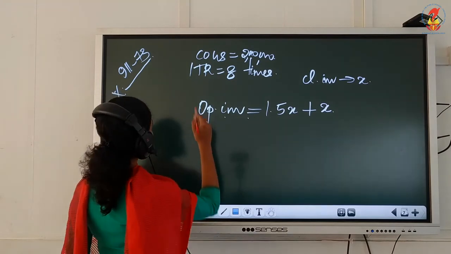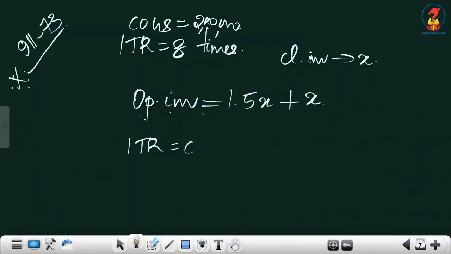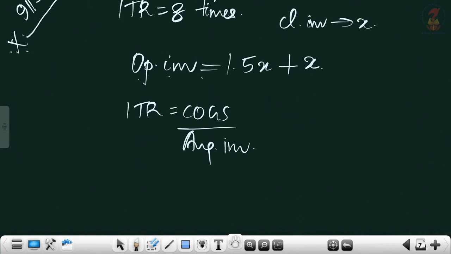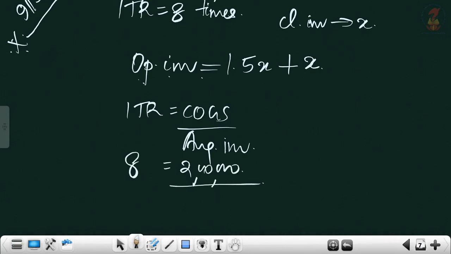Inventory turnover ratio was directly given. We can write the formula for that first. Cost of goods sold by average inventory. Always write the formula so that you will get an idea how to solve it. And what was your cost of goods sold in the question? It was 2 lakhs. And ITR is given as 8. Average inventory, what we have is only these equations, so that we'll substitute later.